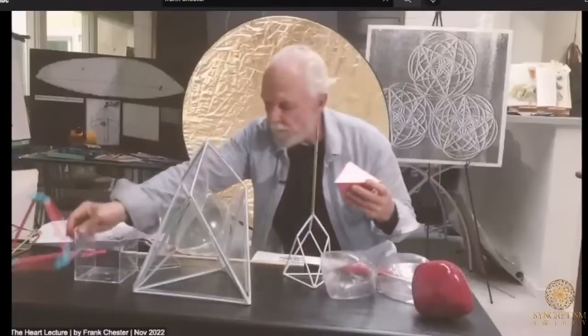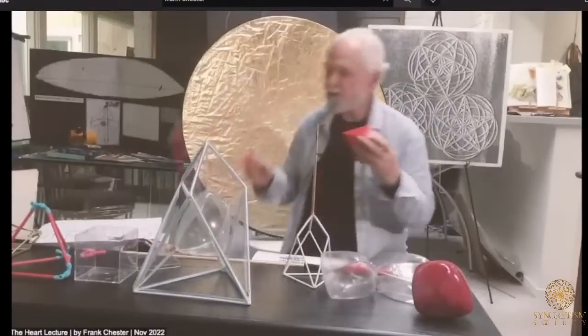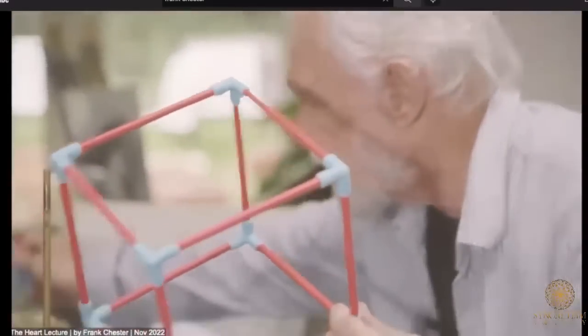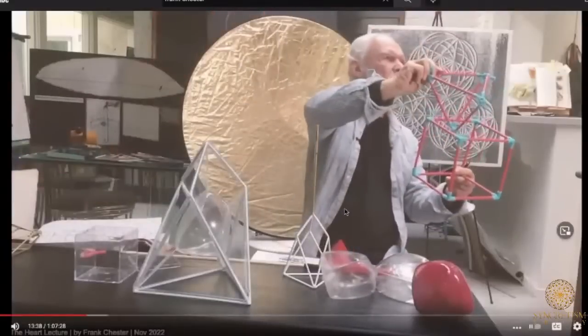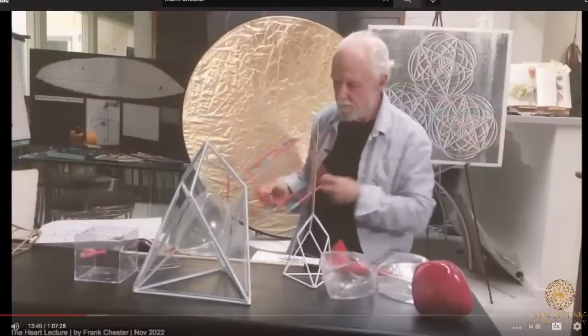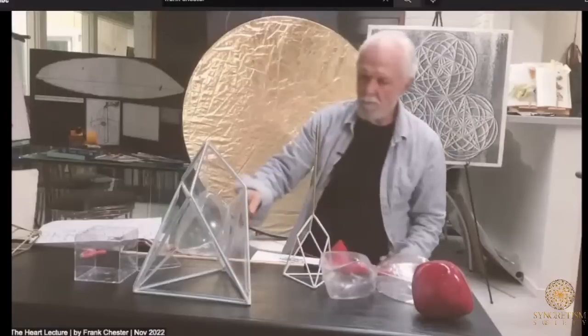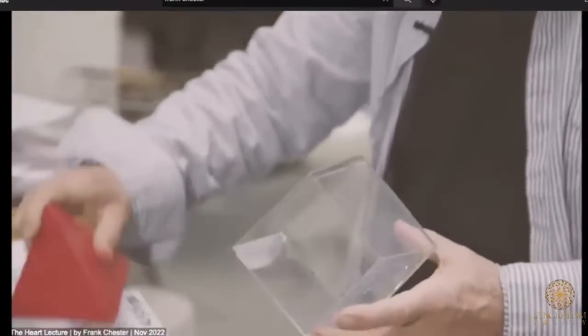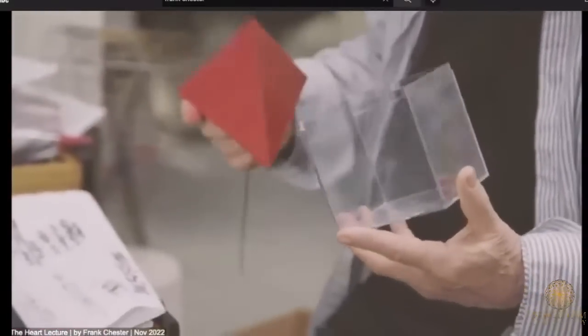Now, what I did was I took a cube and I put the tetrahedron into the cube. So here's the cube, so you can see through and see the tetrahedron that I put in here.